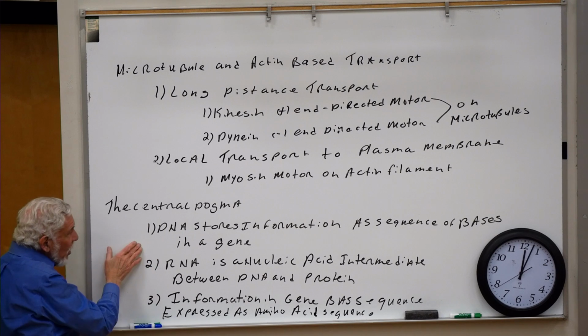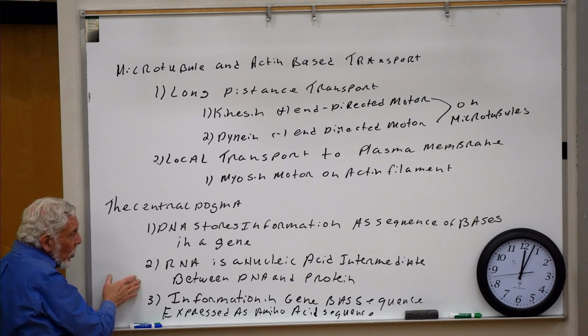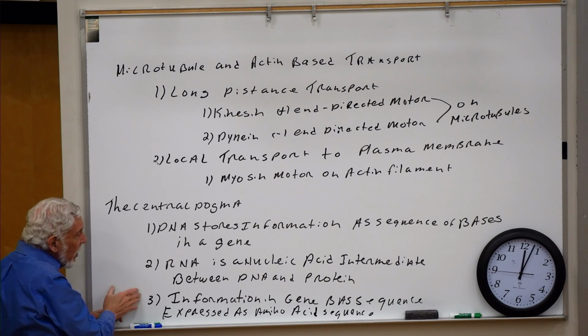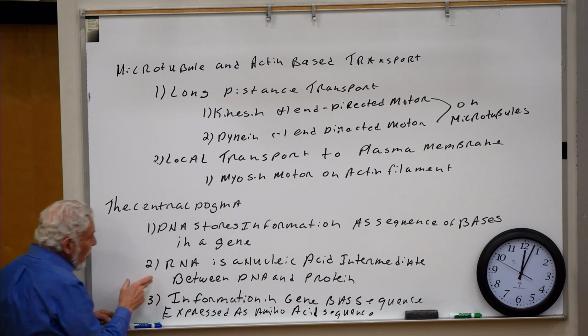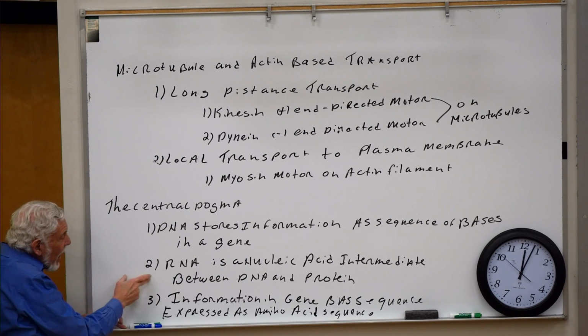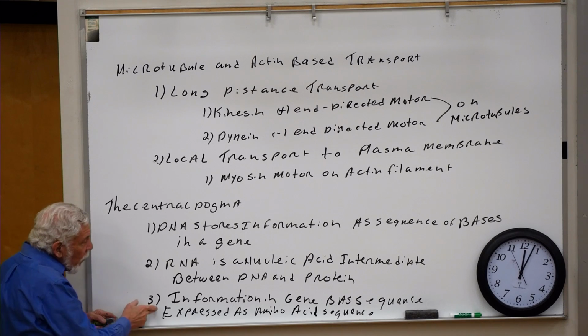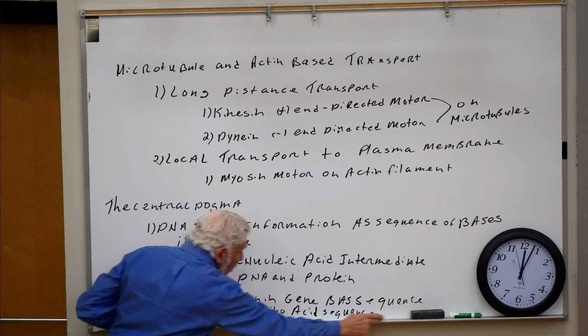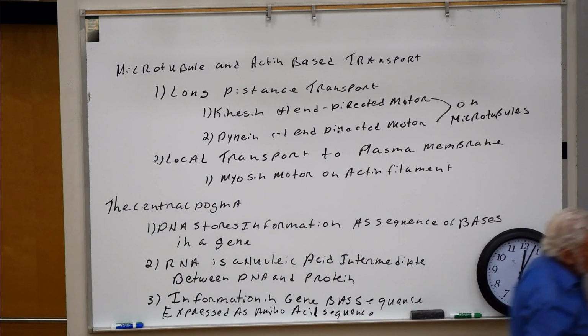Again, DNA stores information as a sequence of bases in a gene. RNA is an intermediate between DNA and protein, and it also stores information as a sequence of bases in the RNA transcript. And then the final step is translation, where information in the gene-based sequence is expressed as an amino acid sequence. We'll spend some time on that.